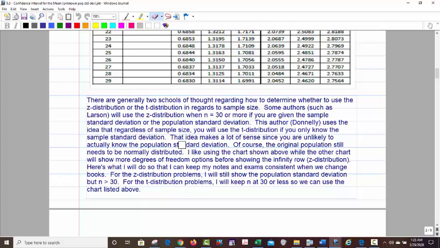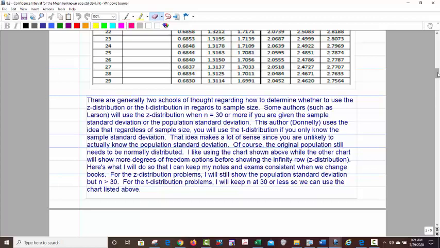And then for the T distribution, I'll strictly stay less than 30, and that way there's really no confusion. You can use the 30 rule if you want to, in addition to the standard deviation. But just to give you an idea, technically, if n was 15 and you had the population standard deviation, you could then use Z. But I'm going to make sure that doesn't happen.